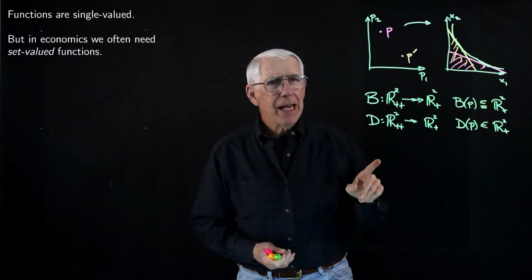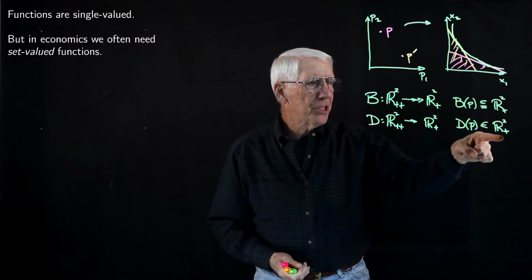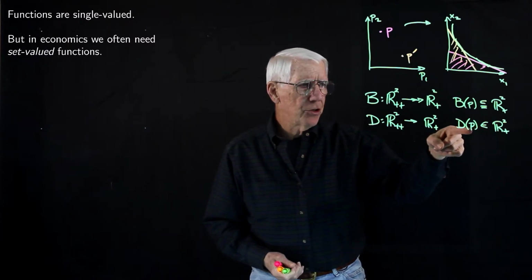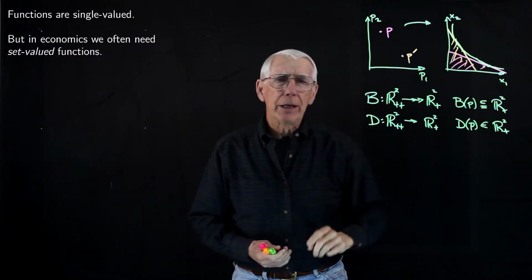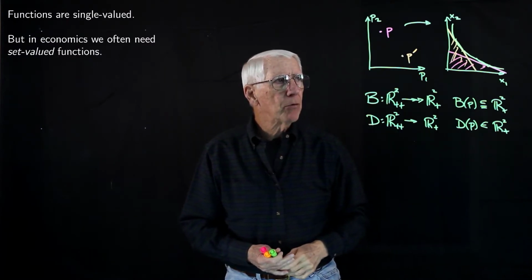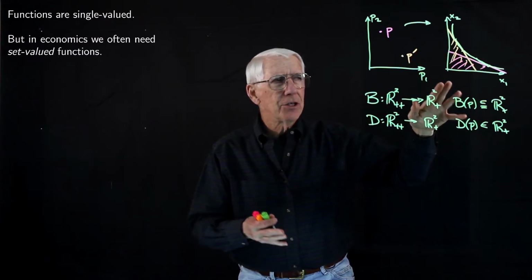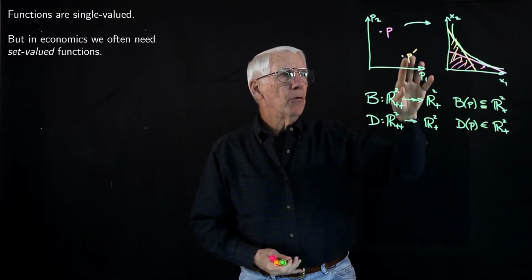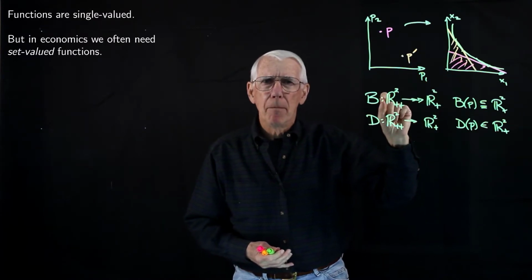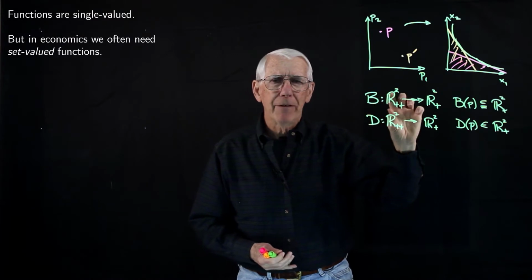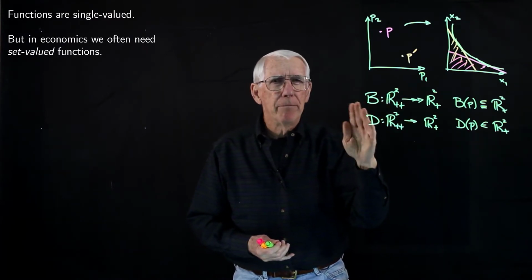So we can't say that there's a specific element of R2 plus that will be chosen by this consumer at the orange price list, P prime. The consumer isn't, of course, going to choose a set. So that's not what we mean here, but rather that there's a set of things that the consumer might choose. And so we identify the set of all the things that the consumer is indifferent amongst and might choose.